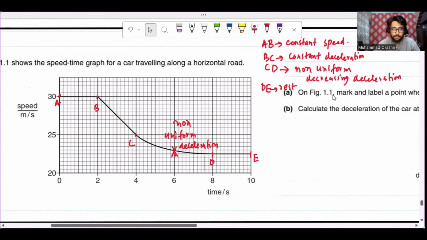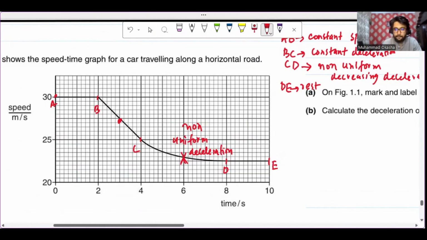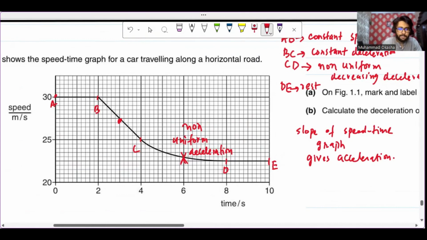Deceleration of the car at time t equal to 3 seconds, which means at this point I want to work out the deceleration. If you remember, the slope of the speed time graph gives acceleration or deceleration. Which means I can simply work out the slope of this straight line. You can pick any 2 points on this line. I'm going to pick the points at the end.